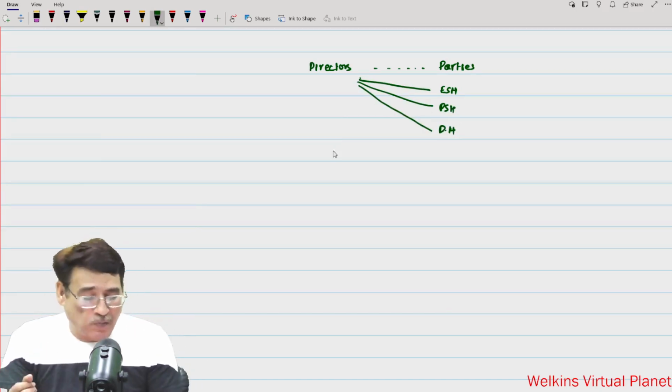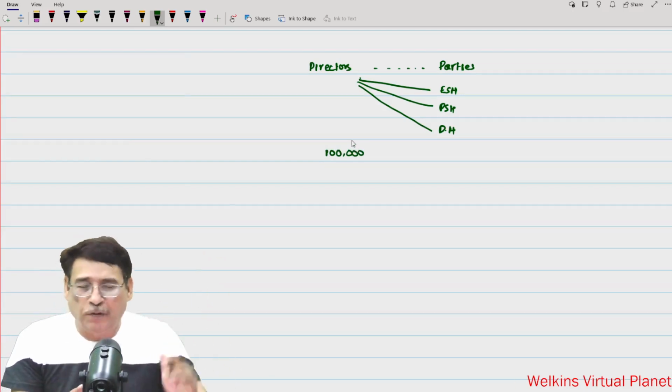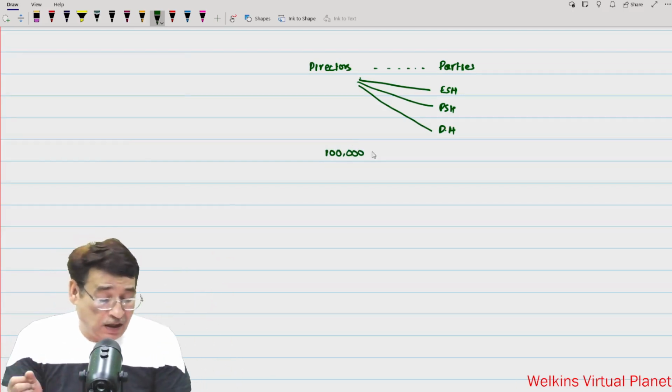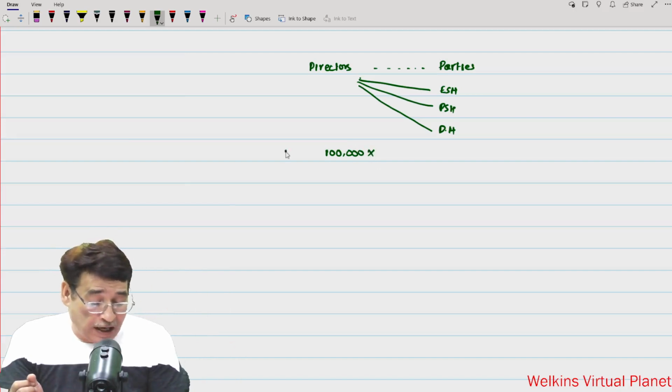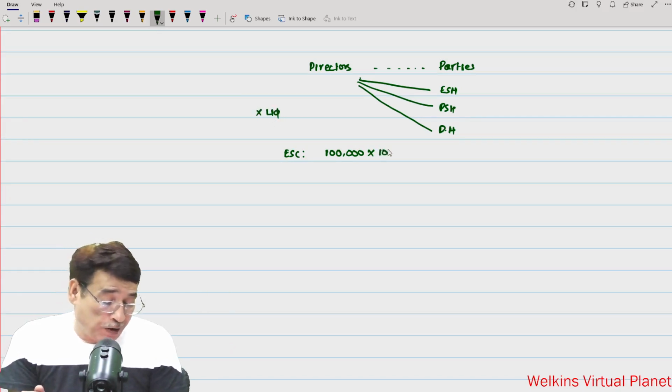For example, let us presume for a while, forget about the previous case now, correct? Let us say there are 1 lakh equity shares of a particular company, let us say X Limited, 1 lakh equity shares of rupees 10 each.